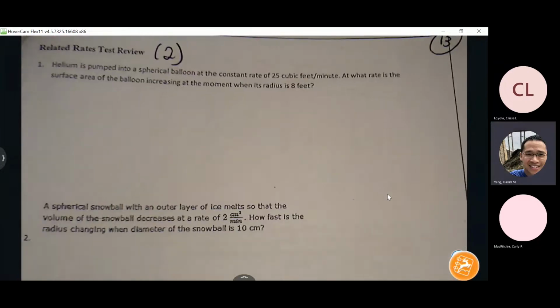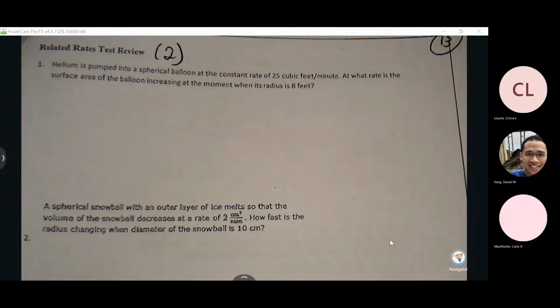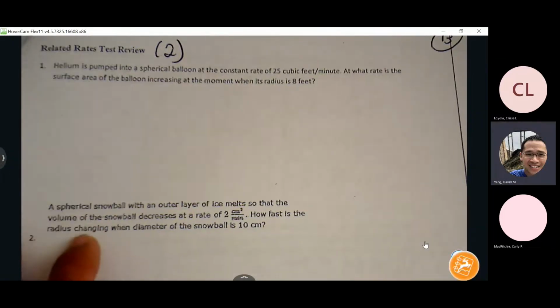Yeah, review packet, page 13. Okay, so page 13.